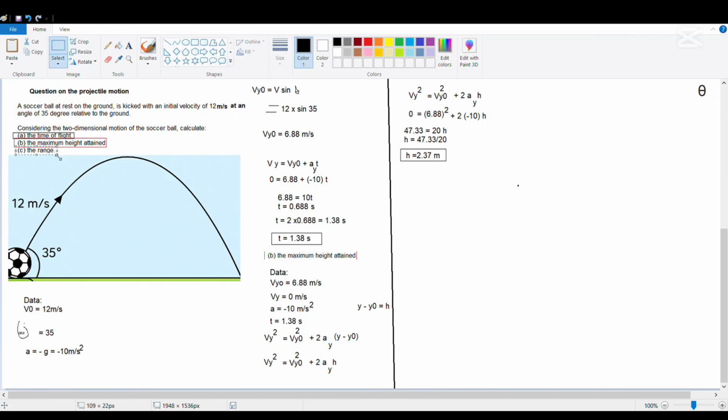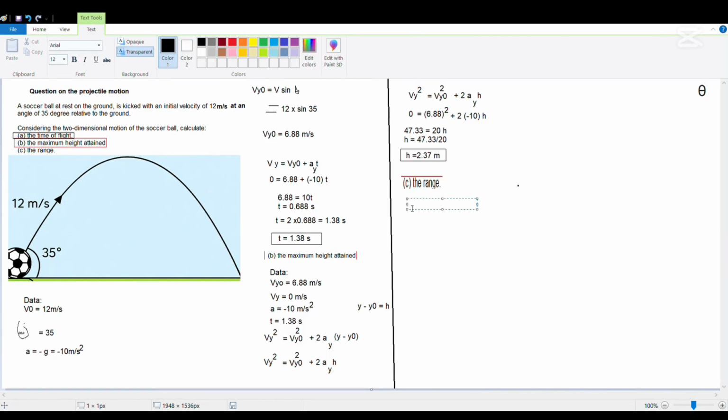Let me take this value here, and hopefully I can bring it here and see the range. Now if we want to find the range, we need to remember the initial velocity from the beginning. We have v naught equal to 12 meters per second.